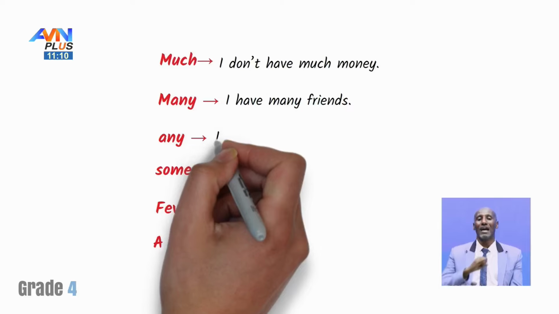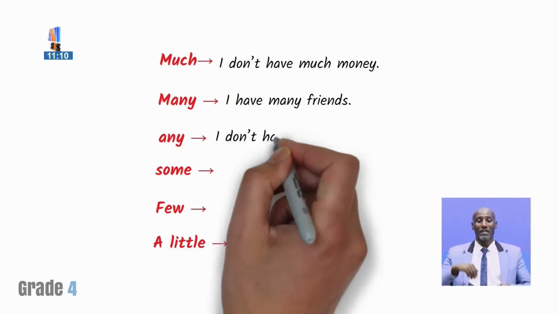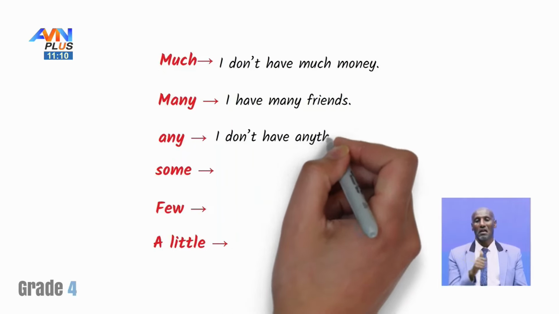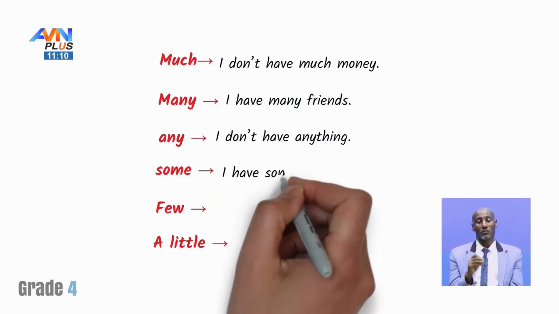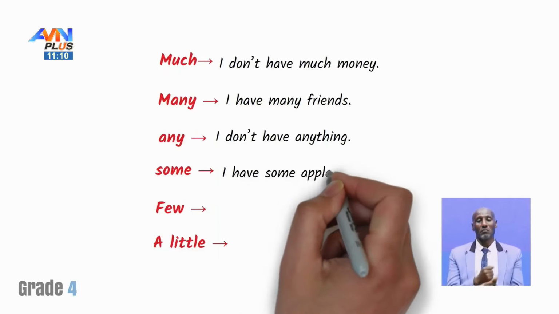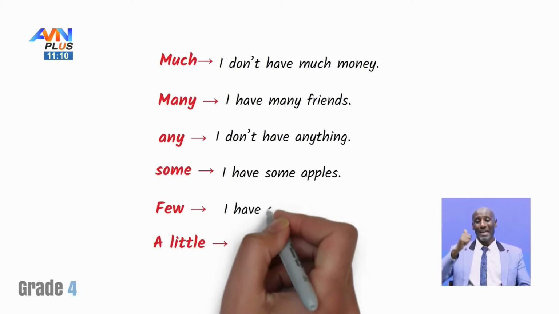I do not have anything, for example. Anything is a negative form. I have some apple. I have a few books.